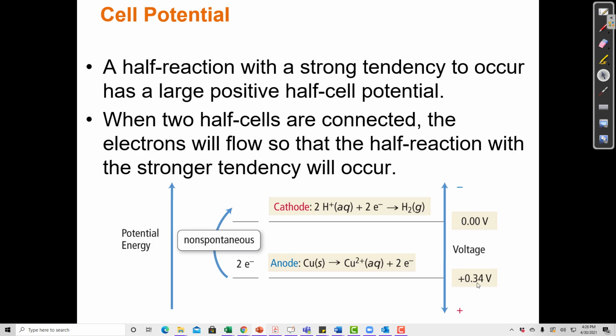So this is more likely to be reduced, and if it has the electrons and it's more likely to be reduced, then it's not going to give its electrons up. But the reverse reaction would be more likely to occur, because if this had electrons and this has a high reduction potential, a bigger number, a higher potential to be reduced, then the electrons would spontaneously go down to the copper to reduce the copper.